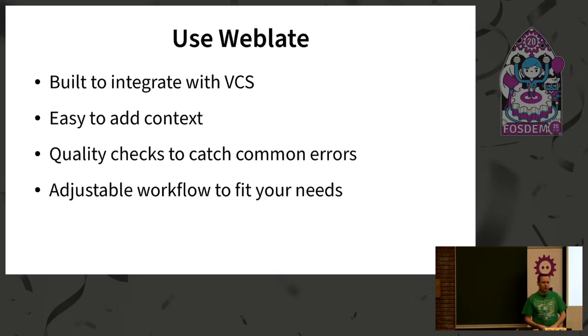Another thing we have decided is the version control integration. That was one of the main reasons why Weblate actually started in the beginning, because there was no other localization framework we could integrate with the version control system. Now there might be some options possible, but at that time it was the only one.